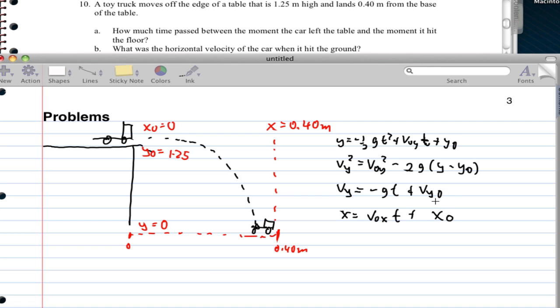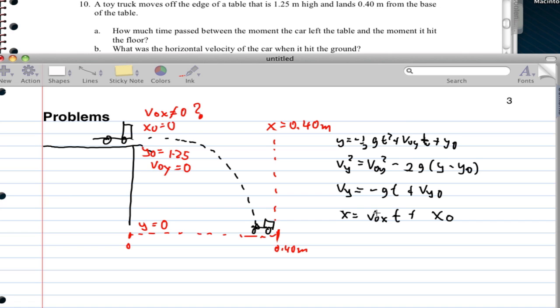Now, we want to know the time that passed, so let's look at the y equations. Okay, now here's the problem. I know a couple things, but not enough to use the simplest equation possible. So I know that v naught in the y direction equals 0. I know that since I'm moving horizontally, v naught x is not equal to 0, but I don't know what it is.